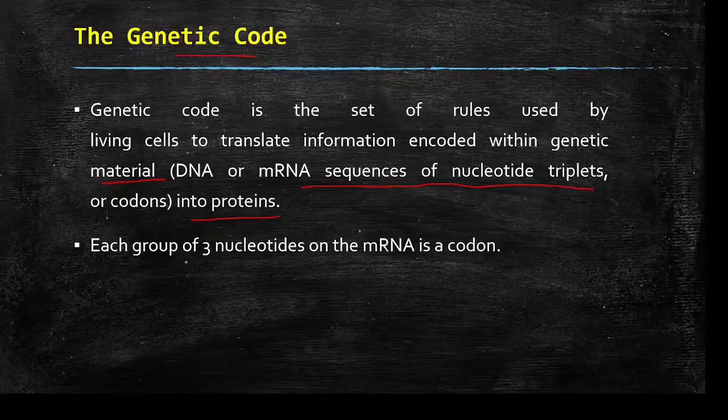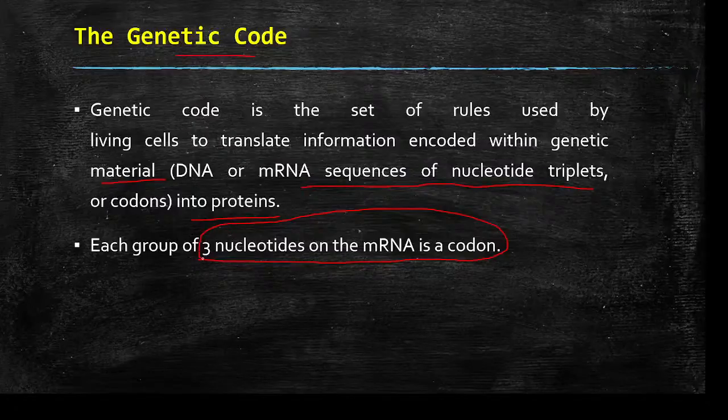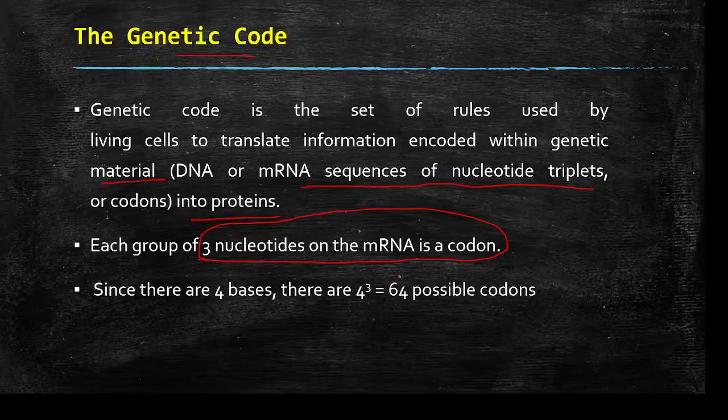Each group of 3 nucleotides on the mRNA is called a codon. So the 3 nucleotides that are present will carry the information of what amino acid has to be added.